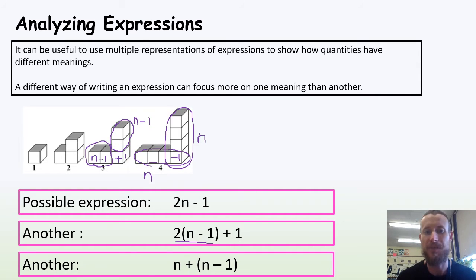Another expression could be n plus n minus 1. So I'll draw in a different color on this picture here. N is 2 in this picture I'm drawing on. And here are 2 blocks, so that would be n. And here's 1 block, and that's 1 less than 2. So that block would be counted as n minus 1.